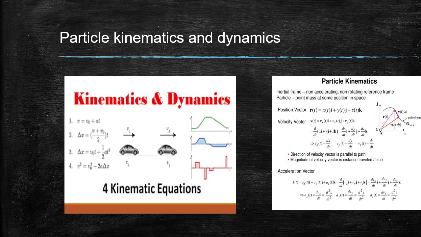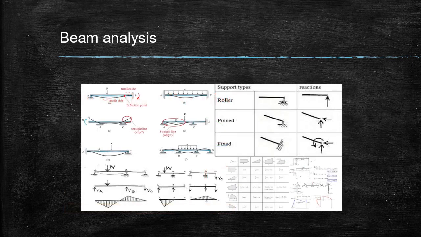If our frame is moving, then it is not an inertial frame. Now we define the position vector as x i cap, y j cap and z k cap, and then the velocity vector is nothing but the differentiation of the position vector, and the acceleration vector is nothing but the differentiation of the velocity vector. Once we do a couple of problems, we'll find that this is an easy and scoring topic.